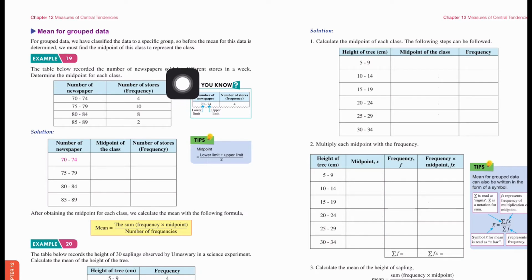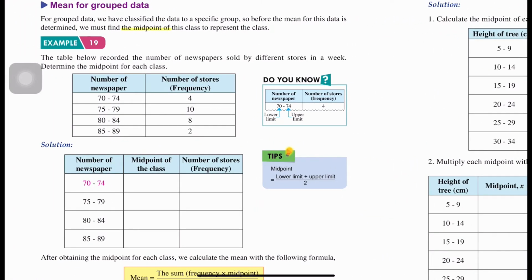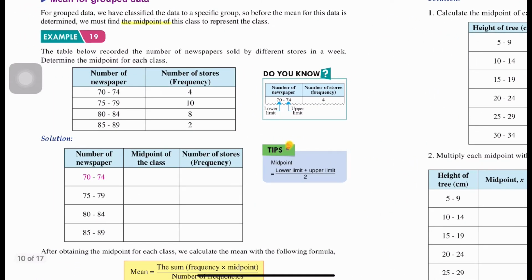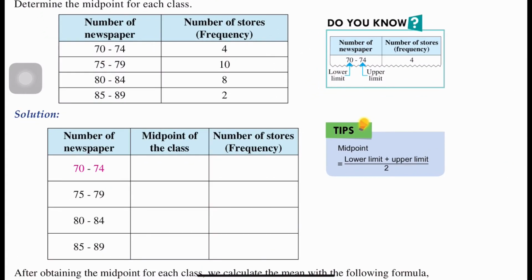The first thing before you determine the mean, you need to find the midpoint. Saya zoom. So macam mana kita nak cari midpoint? Actually mudah sahaja. We take the lower limit plus upper limit divide by 2. So 70 plus 74 divide by 2, dan awak akan dapat 72.